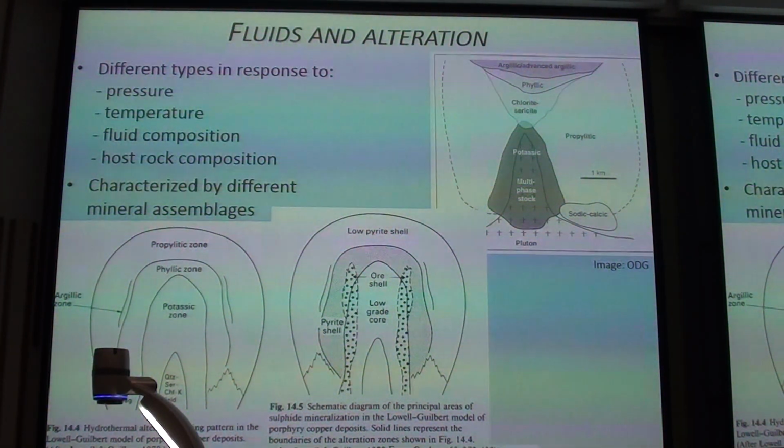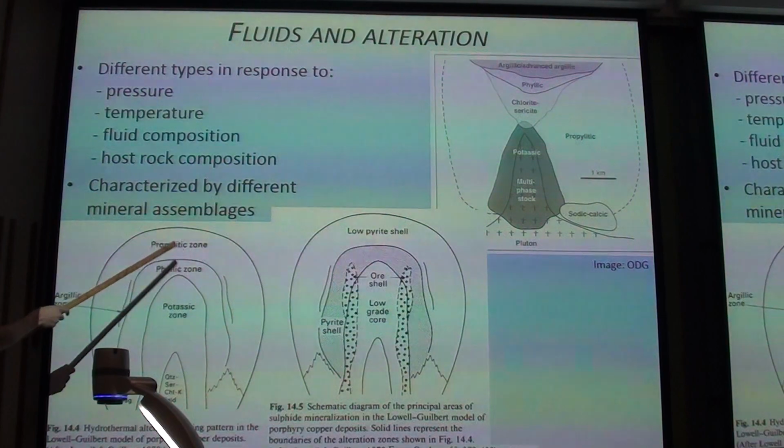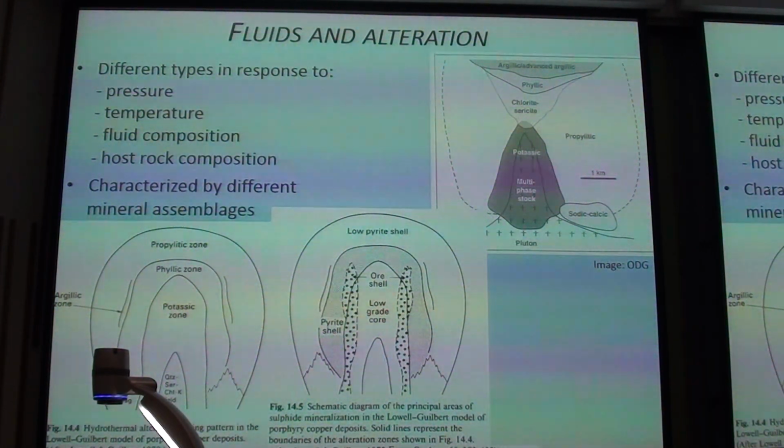And that depends on pressure, temperature, fluid composition, and the host rock composition. And as I said, different mineral assemblages characterize each of these zones. So we go from a potassic zone close to the intrusion, to an outer phyllic zone, to a propylitic zone further out.